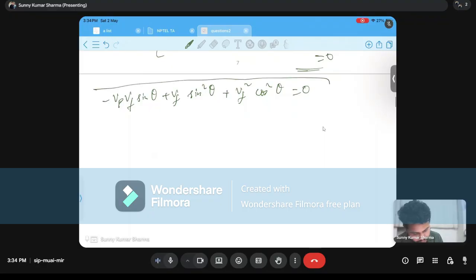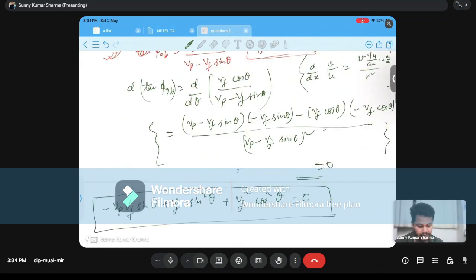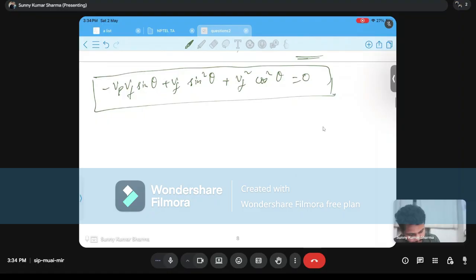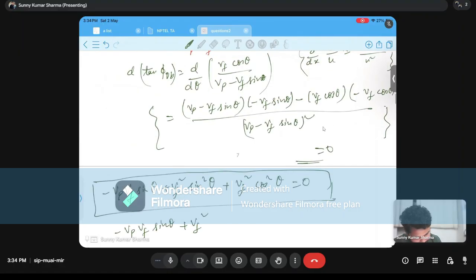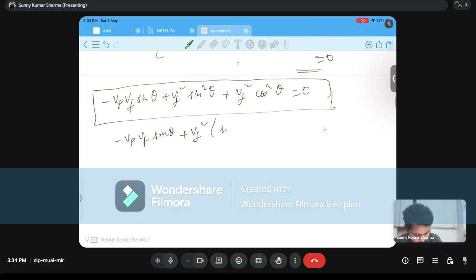This theta will give the blade angle at which the maximum oblique angle will occur. So this becomes minus Vp Vf sin theta plus Vf square into sin square theta plus cos square theta is equal to 0.